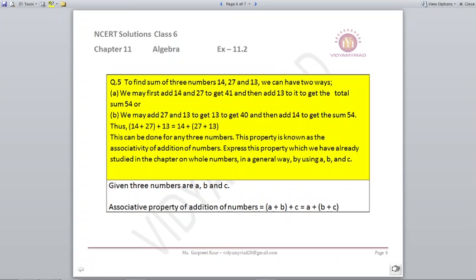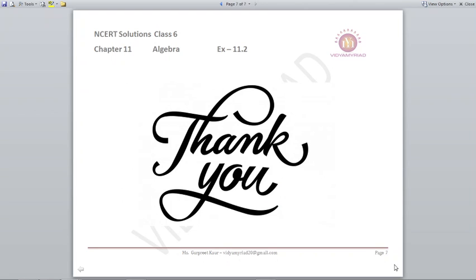To be very clear, whatever the arrangement in the case of addition, the answer will remain the same. Either you take the left hand side or the right hand side, both will be equal.